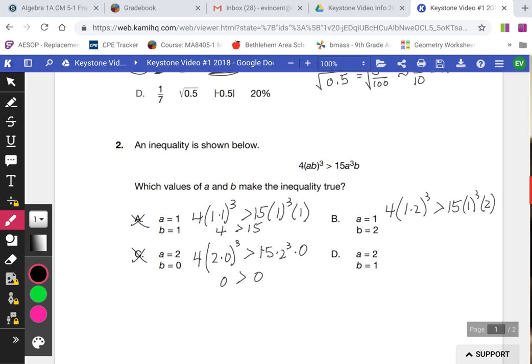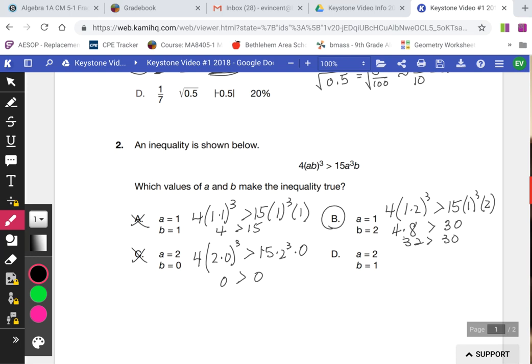So we're going to cube first by order of operations. So 1 times 2 is 2, and 2 to the third power is 8. So we have 4 times 8, which is 32. And 15 times 1, because 1 cubed is 1, times 2 gives us 30. So we have 32 is greater than 30, and it looks like that one makes more sense.